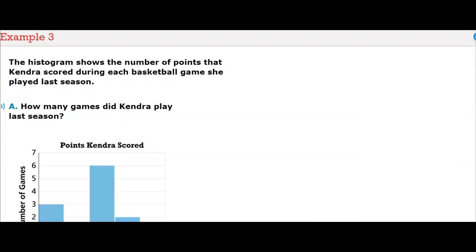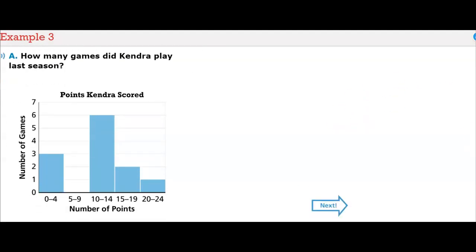The histogram shows the number of points that Kendra scored during each basketball game she played last season. Part A. How many games did Kendra play last season? We can look at the data here of her points scored.